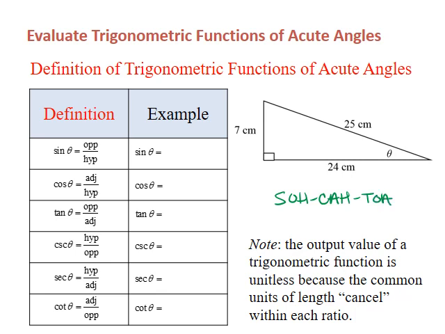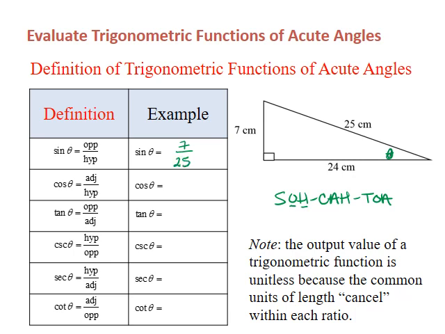It's always in respect to the angle theta, and theta is right here in this case. If I want to find sine of theta, I will take the opposite over the hypotenuse. The opposite is 7, and the hypotenuse, again, is always across from the right angle. In this case, it's 25.